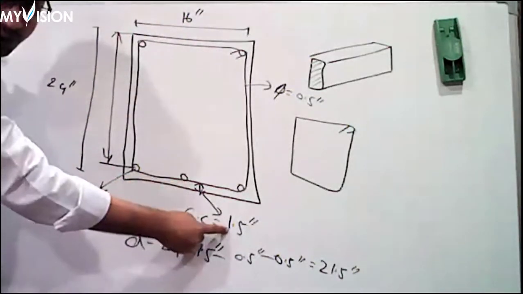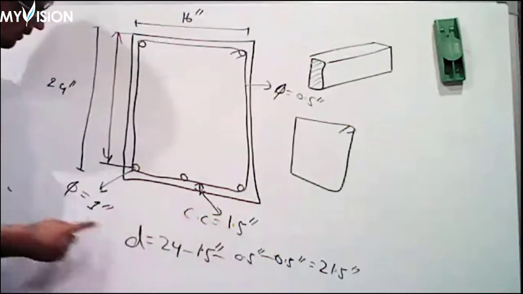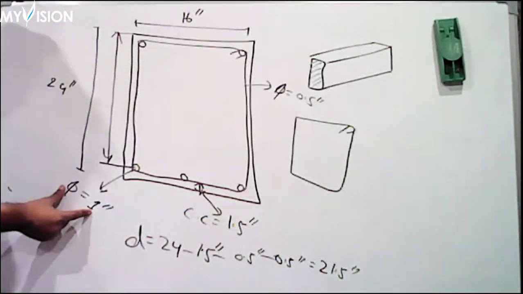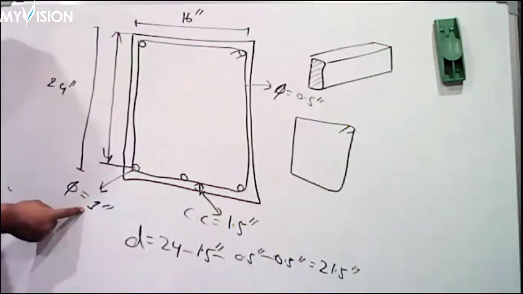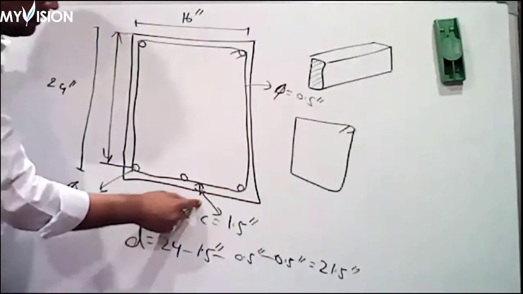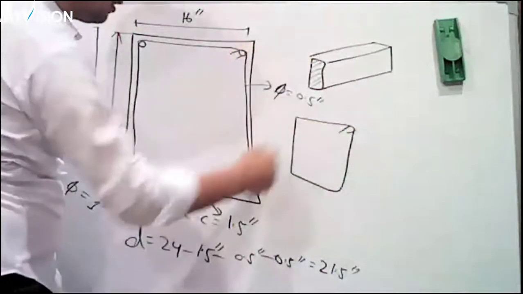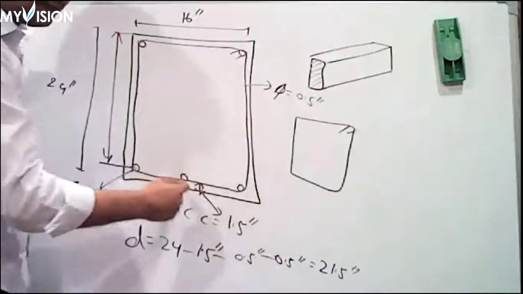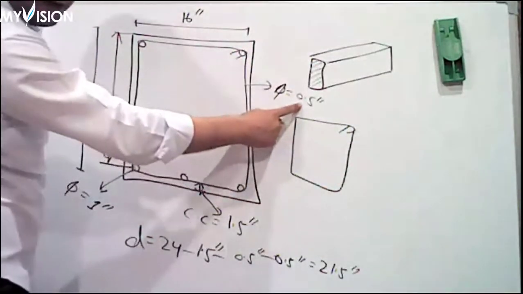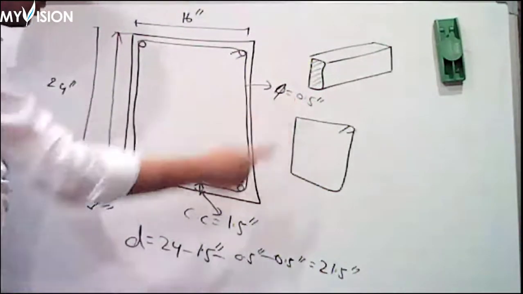Concrete cover, which is given to you, is 1.5 inches. The diameter of the main bar, which we have assumed, is 1 inch, and the size of this stirrup, this ring size, is 0.5 inch. The diameter of this bar is equal to 0.5 inch.